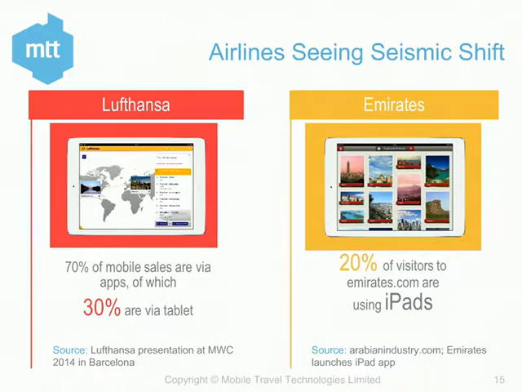In terms of mobile, Lufthansa have stats where they say 30% of their mobile traffic is coming from tablet, and Emirates, after they launched their recent iPad application, came out and said that 20% of the visitors they were seeing to Emirates.com were coming in on an iPad, and that's not tablet, that's iPad. So again, to go back to the earlier point of iPad really dominating the segment, that is what we're seeing.